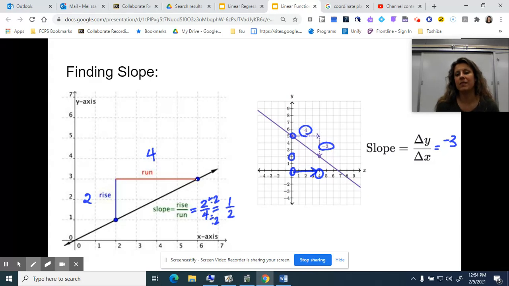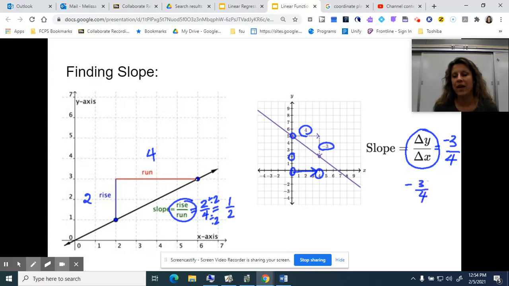So we would run 4 units. So our change in x is 4. These two ways of finding slope, they mean the same thing. The rise means how much are the y values changing, and the run means how much are the x values changing. On this second example, notice that we did get a negative slope, -3/4.